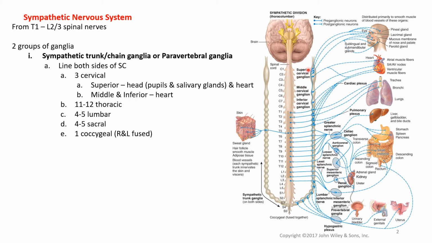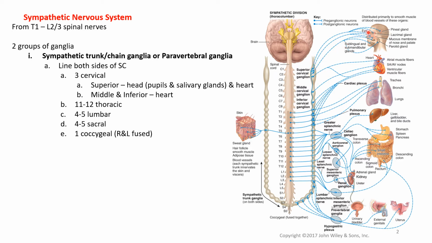You're going to have a superior, a middle, and an inferior ganglion. And they're going to have preganglionic neurons that are coming from these upper thoracic segments. They're going to synapse onto a postganglionic neuron. And in the superior cervical region, they're going to be going up to your head.